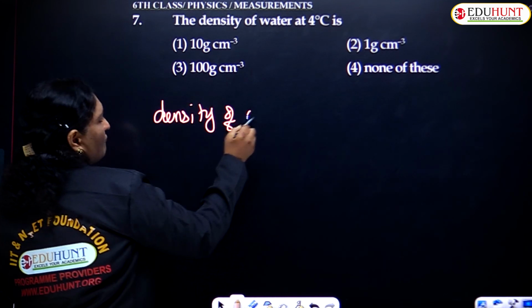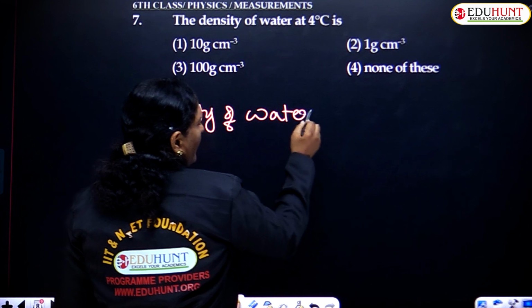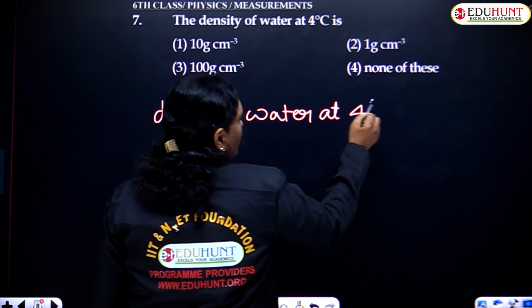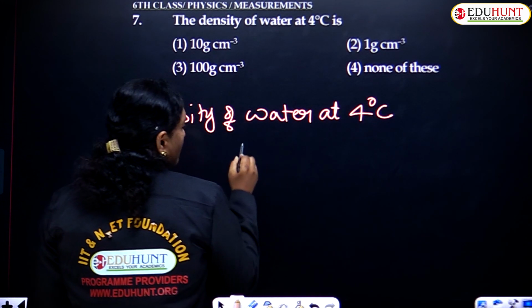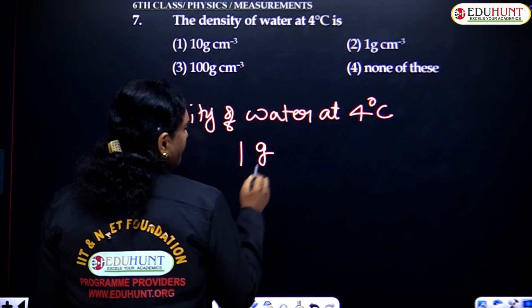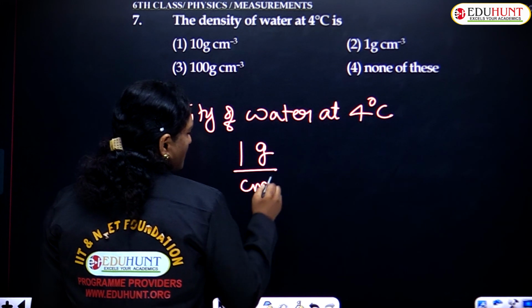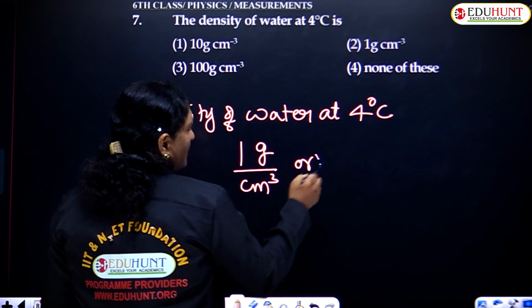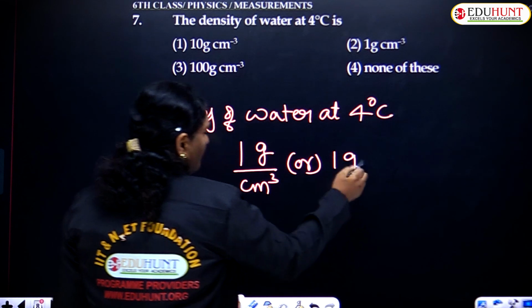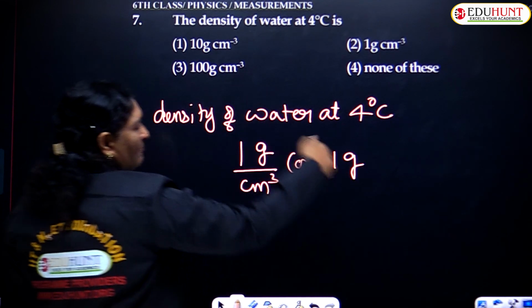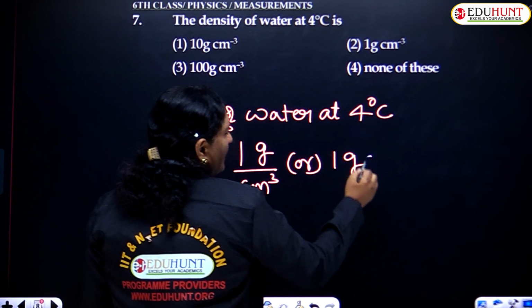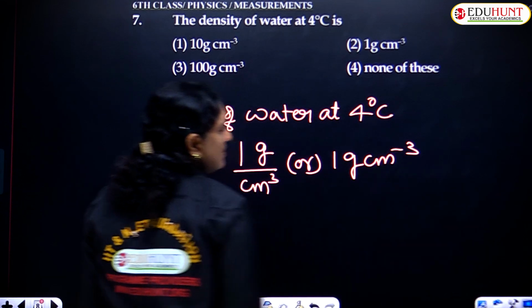This can also be written as like this: 1 gram per centimeter cube carried upwards means this plus 3 will become minus 3. So like this also you can write it.